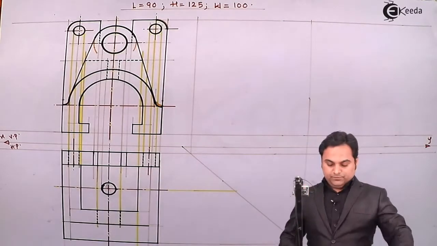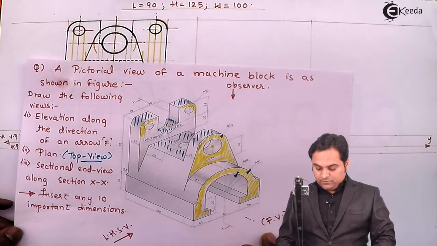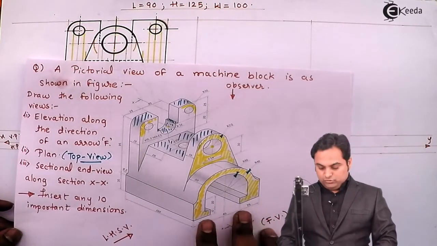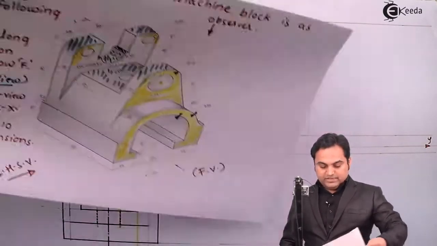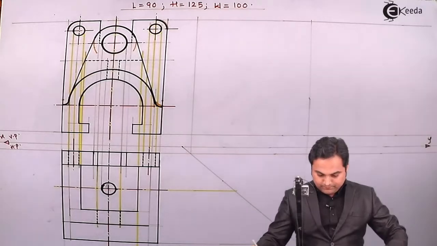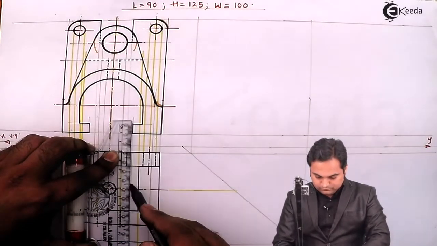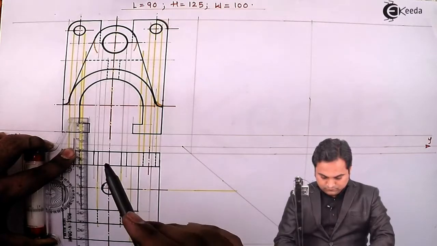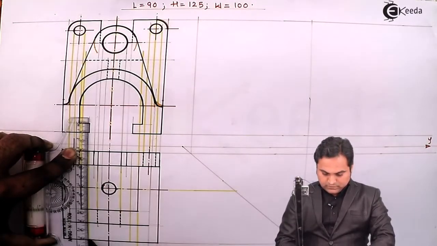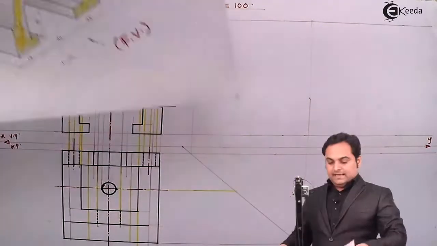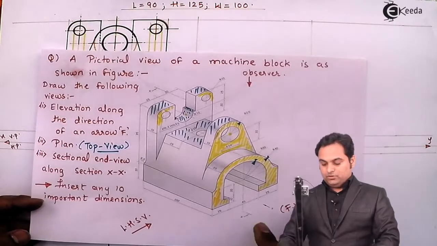Then looking from top, this groove of 40 mm length is also not visible from the top, so it has to be hidden. Projecting it. And it will be there throughout, as can be seen here, throughout the width.